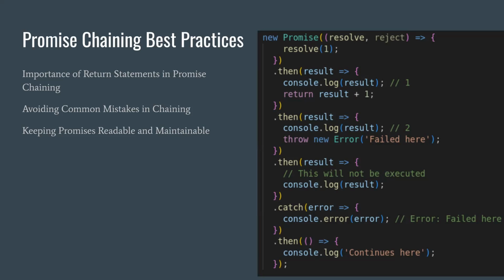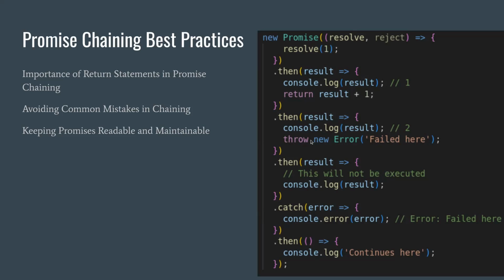So in the example that you can see, we're showing you a typical flow. It moves to then result, and you add one, and you console log result, which will be 2 here. And then we included throwing an error in the middle of the chain.